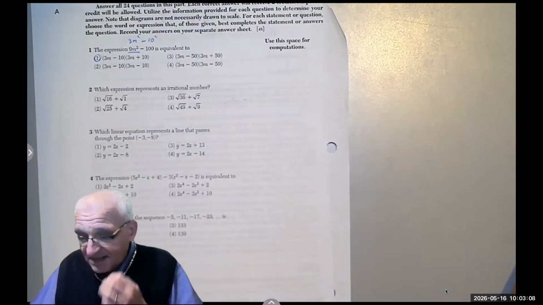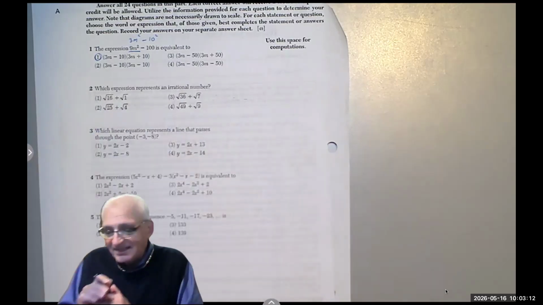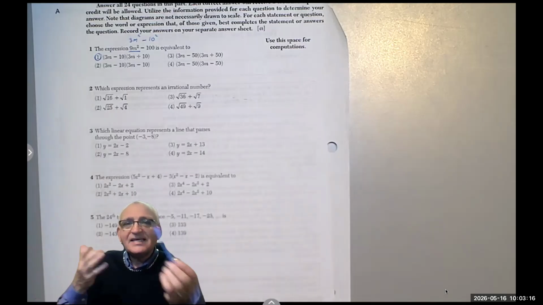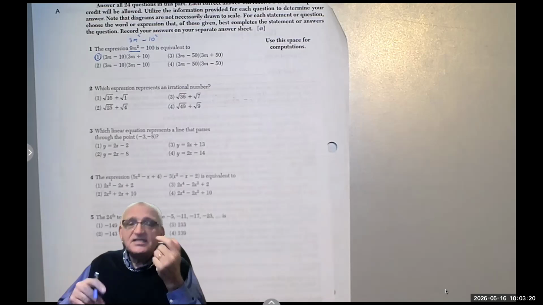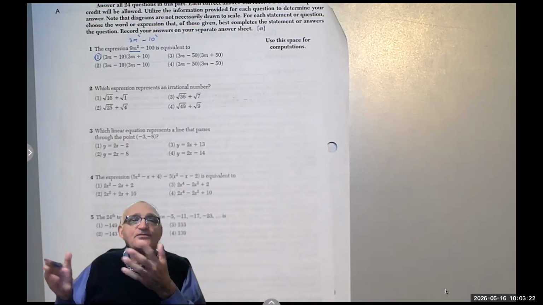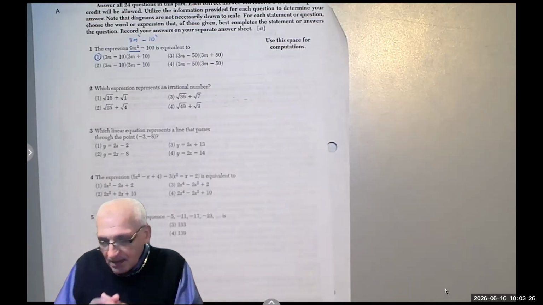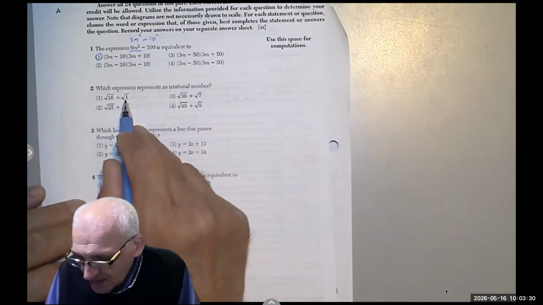So that was very quick. You don't want to waste time on these types of problems. Which expression represents an irrational number? We know irrational numbers cannot be expressed as a ratio, like the square root of non-perfect squares, because all of these are square roots. I know the square root of 16 is 4, the square root of 1 is 1, so that's fine.